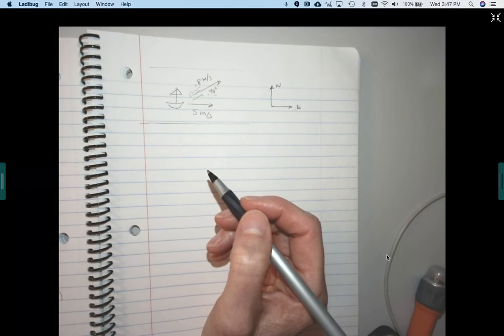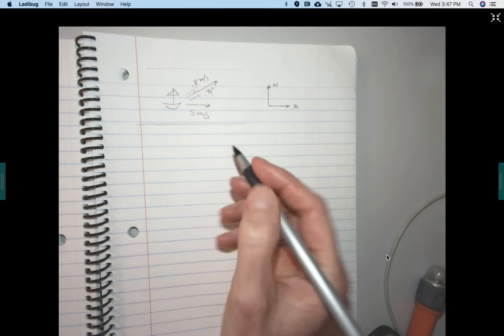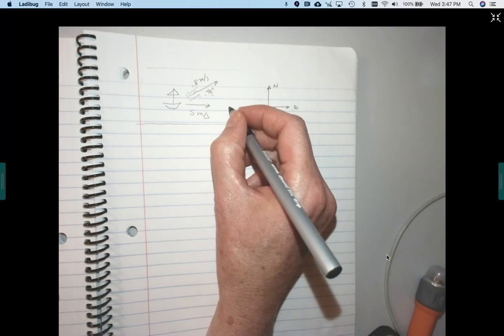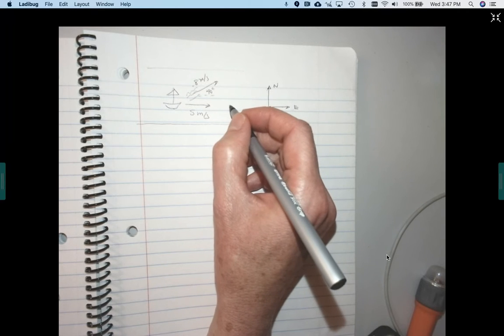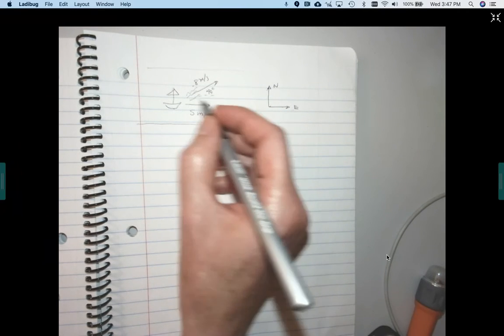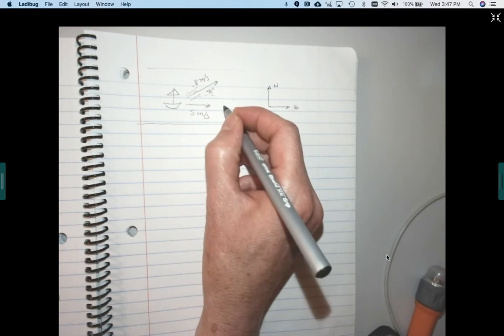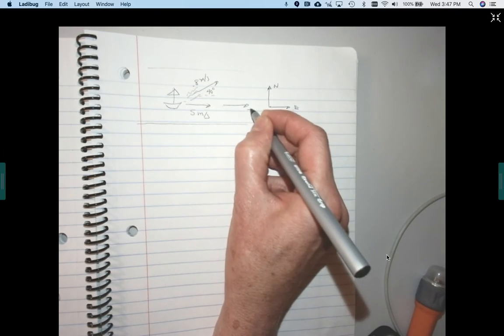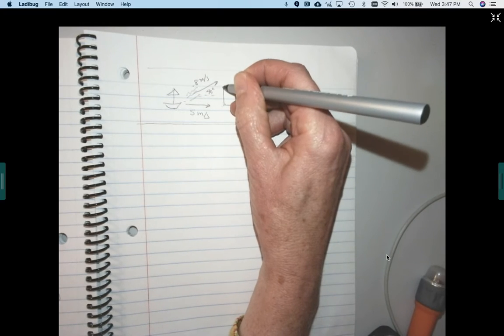When we want to go through solving our problems in 2 dimensions, we also want to create an x and y origin, because that's usually what we're working in. It doesn't actually matter exactly where I put it, but I'm going to put it right here. We'll say that this is our plus x direction, and that's my plus y.